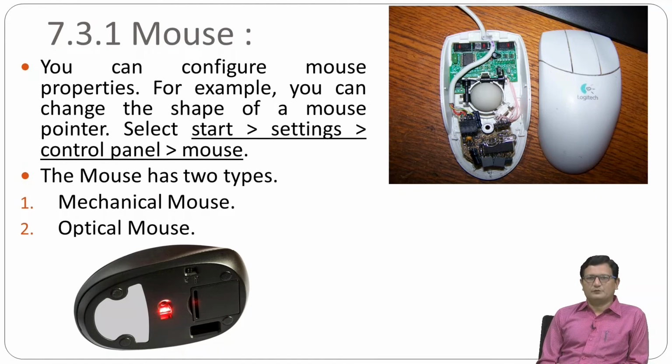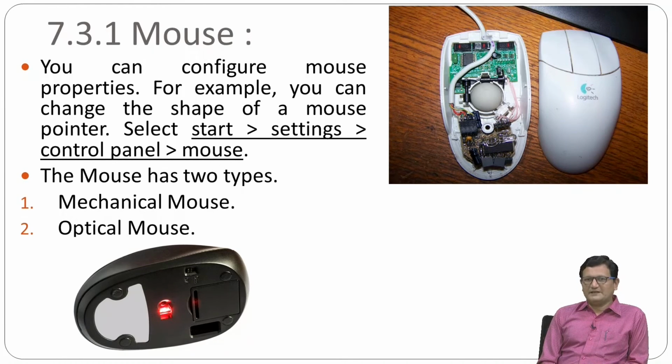So here I have shown the photograph of the mechanical mouse. In the case of a mechanical mouse, there is one small ball, and whenever you move the mouse, the ball gets rotated, and there are 2 sticks attached to this ball.